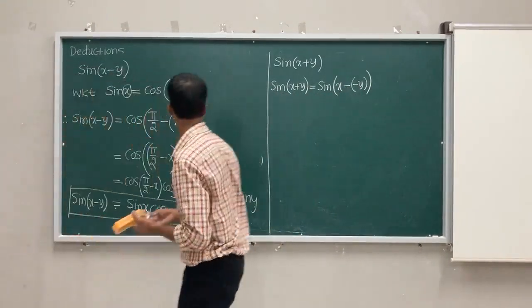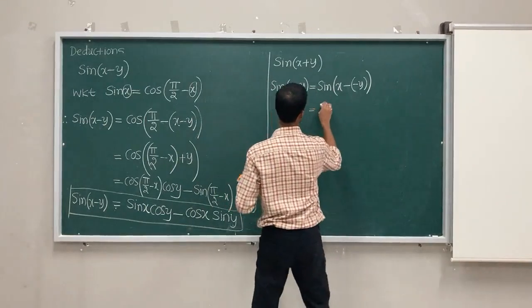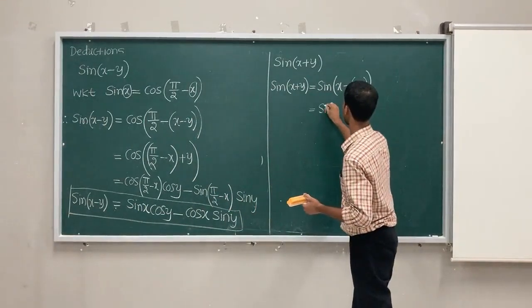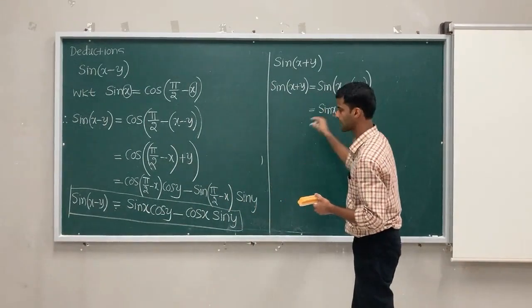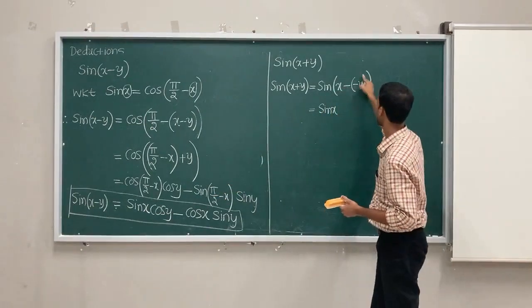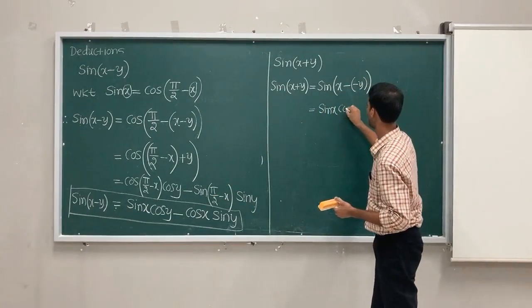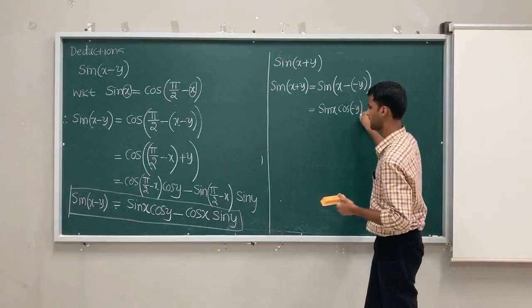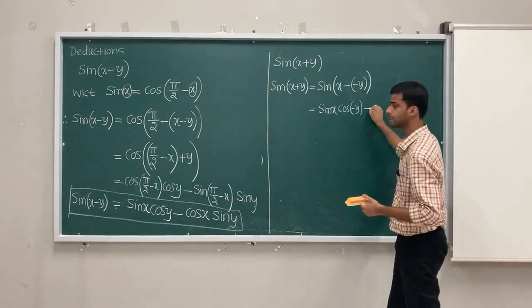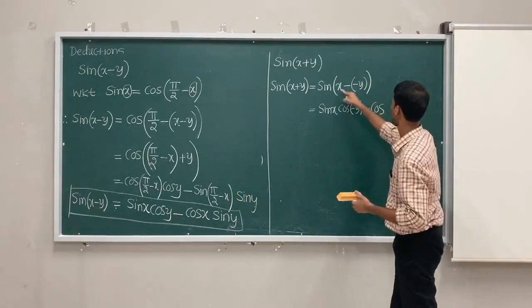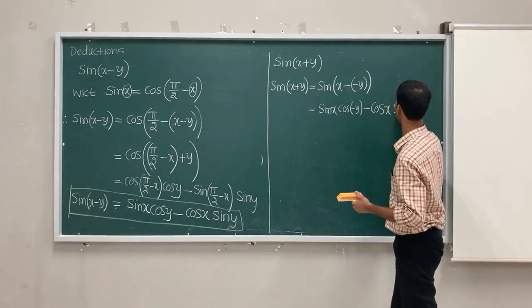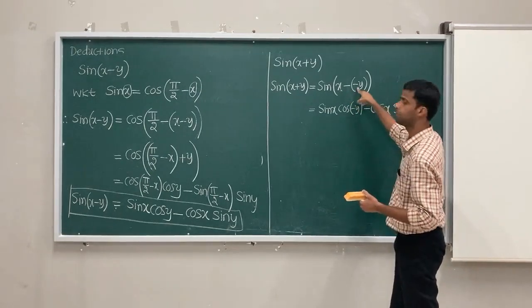Next step, I will use the sin of x minus y result. It is sin x, in place of y you have minus y, into cos of minus y, in between minus cos x into sin of minus y.